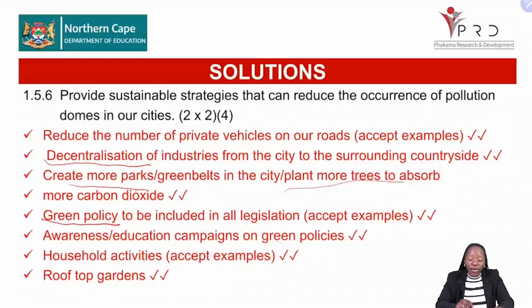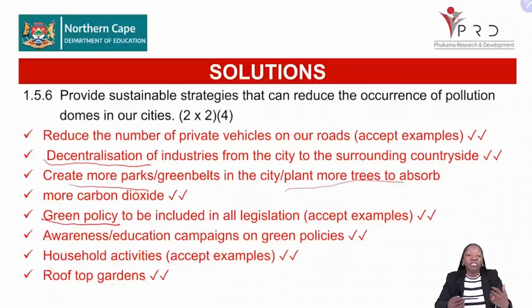Then the awareness as well as the education campaign on the green policies. Remember, people cannot practice something that they are not aware of. So there's supposed to be awareness, and there's supposed to be education, they're supposed to be taught how to achieve these green policies. Then we're looking at household activities in terms of what we do.